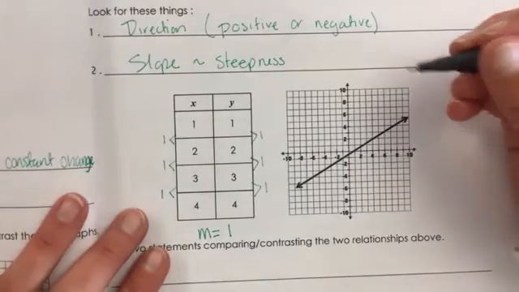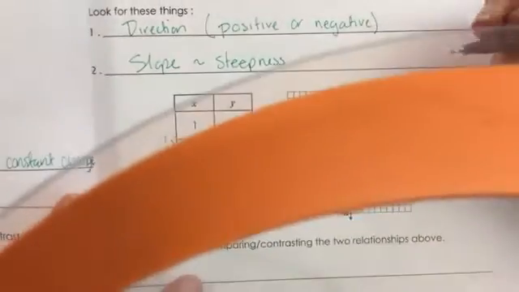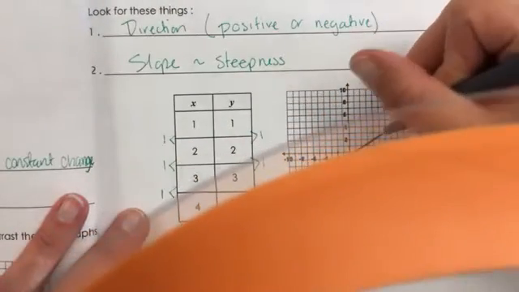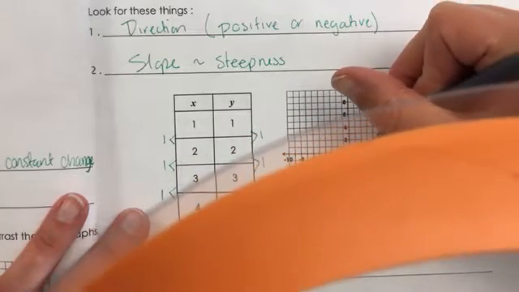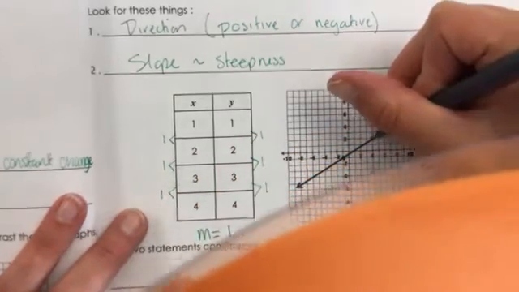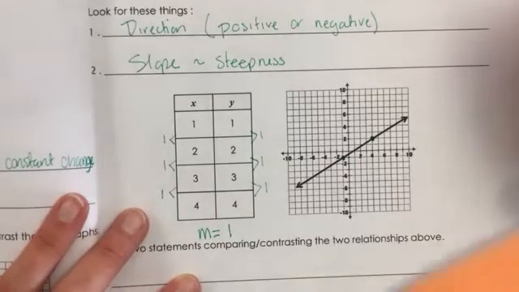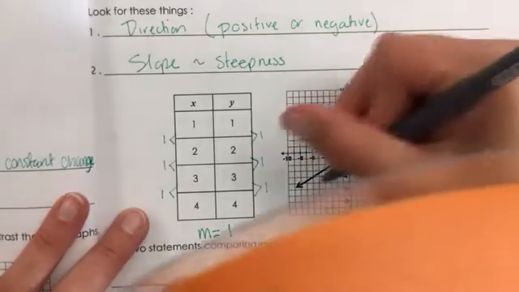Now we can go to our graph. I'm going to try to find some nice points here. It's hard on this little graph. Like, -6, -4.